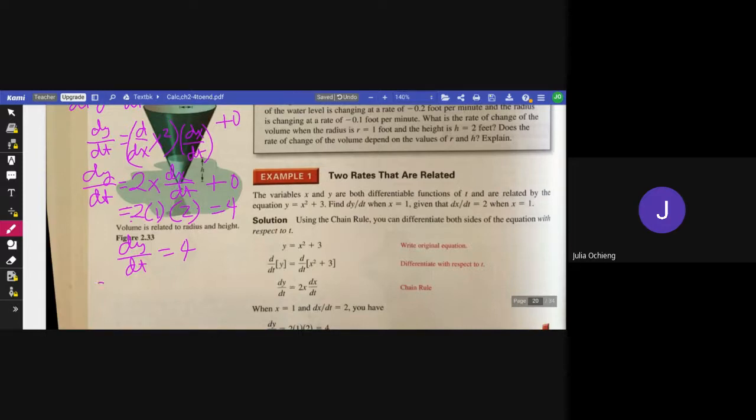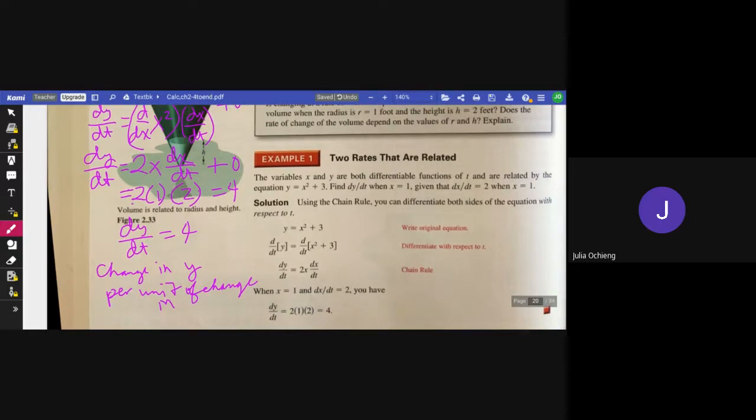So change in y per unit of change in time equals 4.